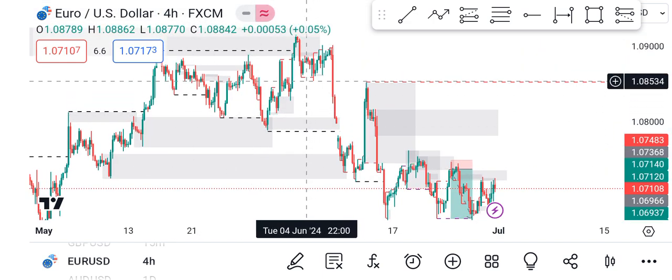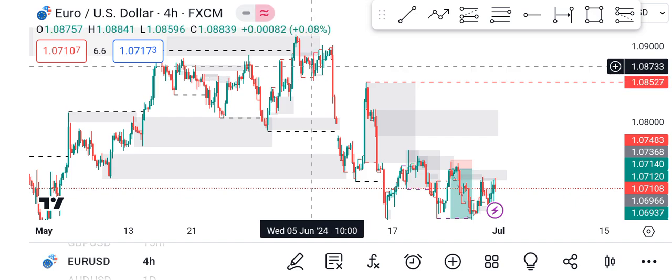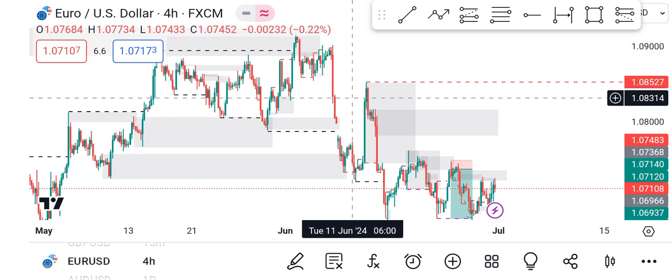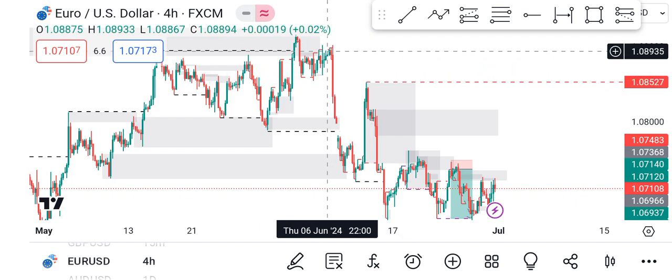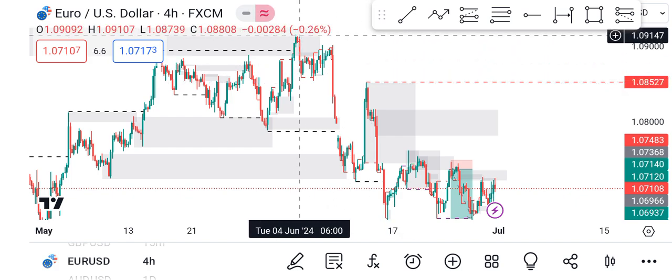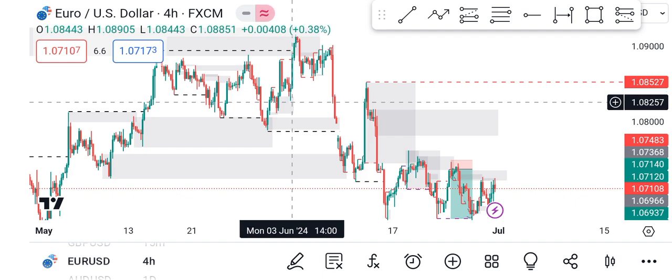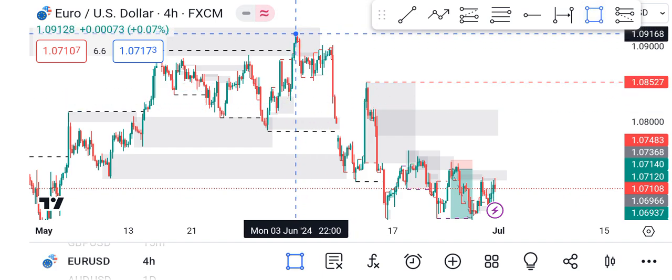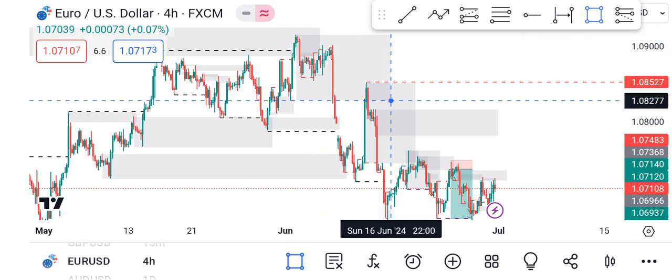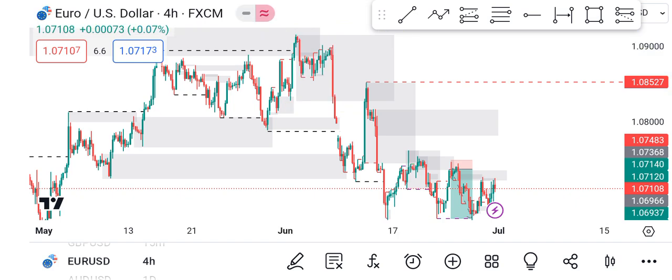I guess not actually tapping into this ground yet, but we went all the way back up here. Let's say tapping into this big order block, all the way from here to here. That's a grand order block, I guess. A very huge order block all the way here. Let's say we tap into that.